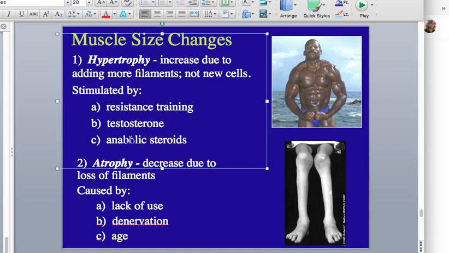So testosterone is an anabolic steroid. It's a natural one. So anabolic, remember, means to build up. If you take other anabolic steroids, or if you take more testosterone, you're going to also build up muscles. The problem is that if you're taking anabolic steroids, your body is like, awesome, I don't have to make testosterone because you're taking testosterone. And a lot of the things that testosterone does is not just muscle building.